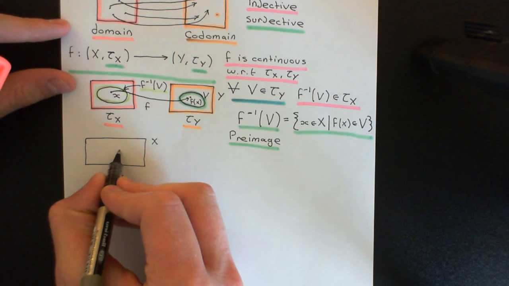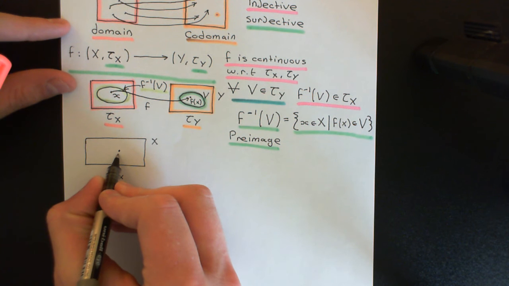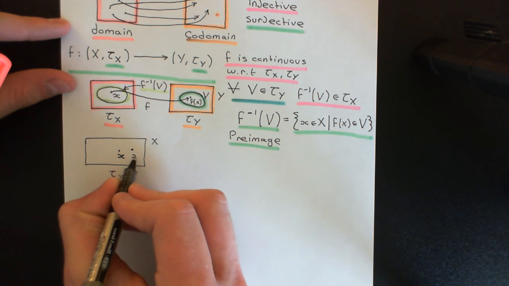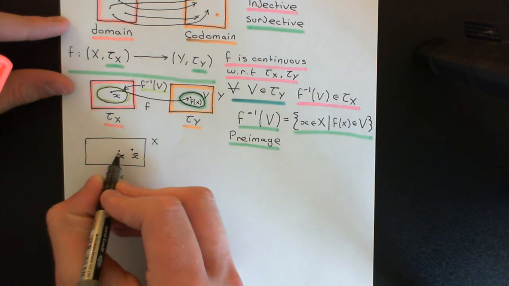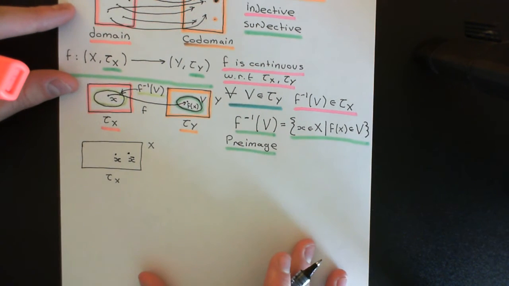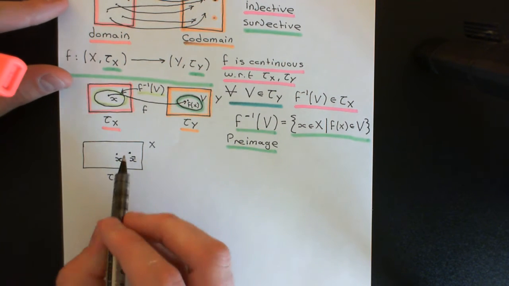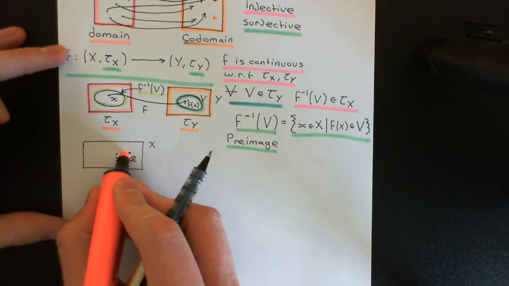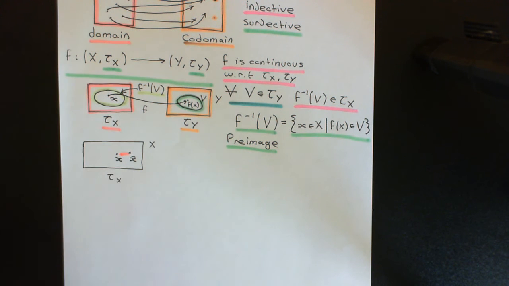Okay, so the way that we did it, remember, is if we have one little point which we'll call x and one point which we'll call x bar here, so 2 points, 2 elements, in my set capital X, I would draw a line in between them and say that those 2 points were next to each other if it was the case that they had to appear as a pair whenever one of them appeared in a set that was in the topology on this set X.